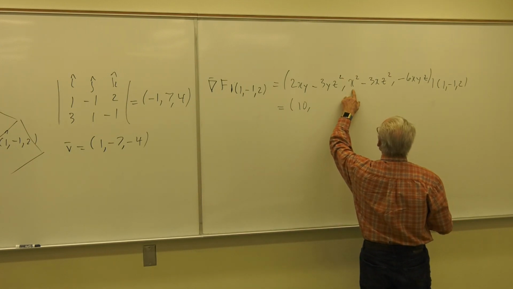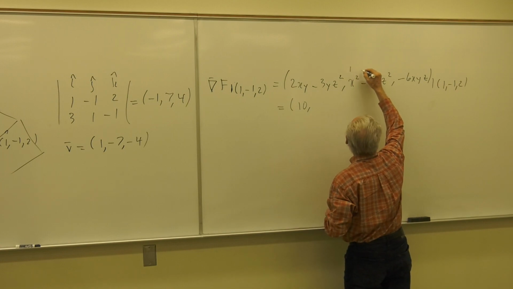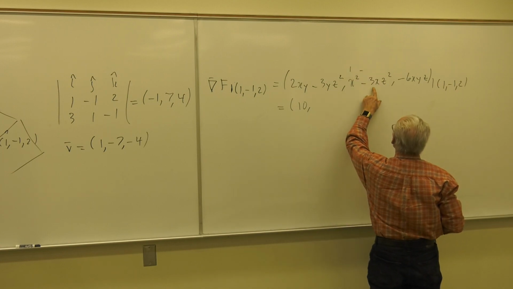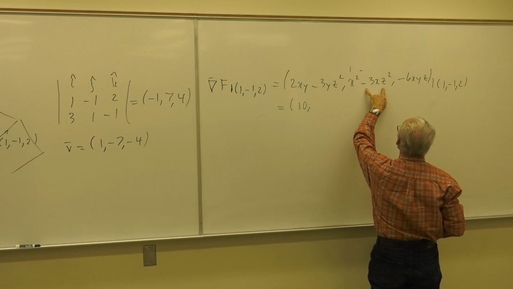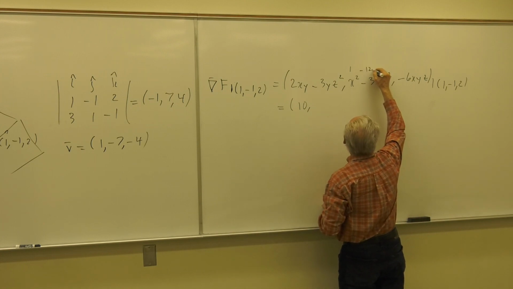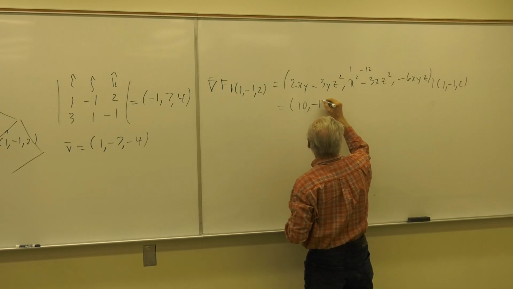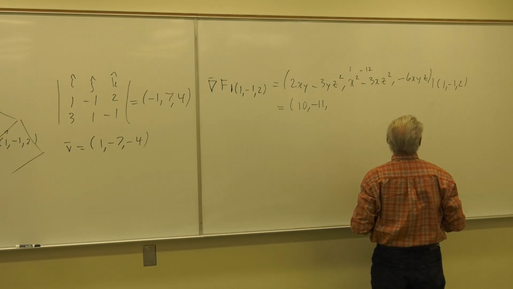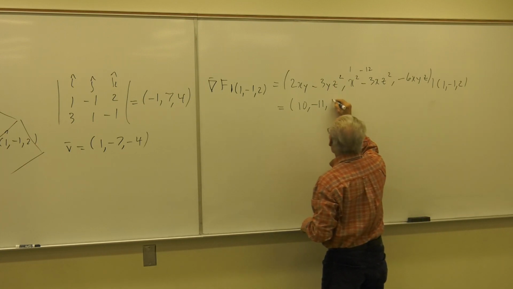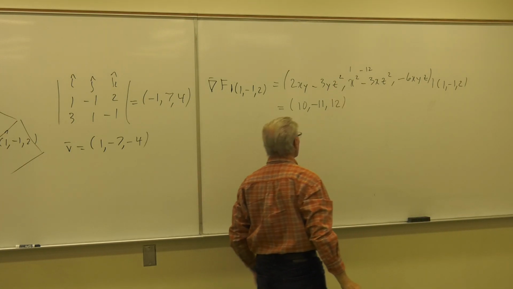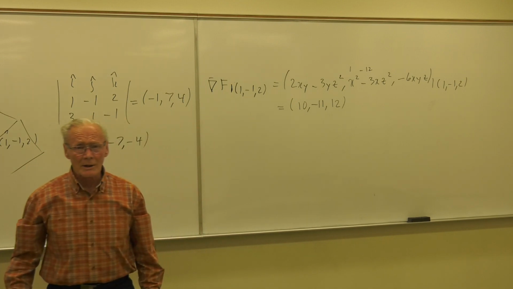I'm putting in, that one is 1, and then we got minus 3 times 1 times 4, minus 12, minus 11. And finally, multiply these together to get minus 2 and 12. So hopefully I've done that arithmetic correctly.